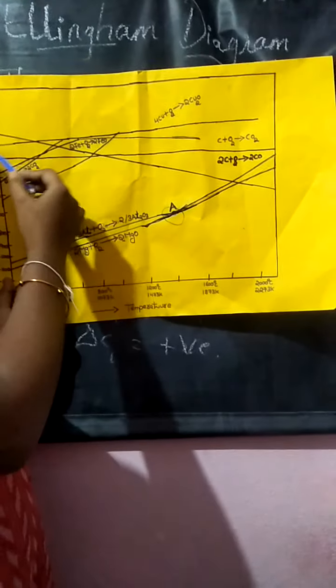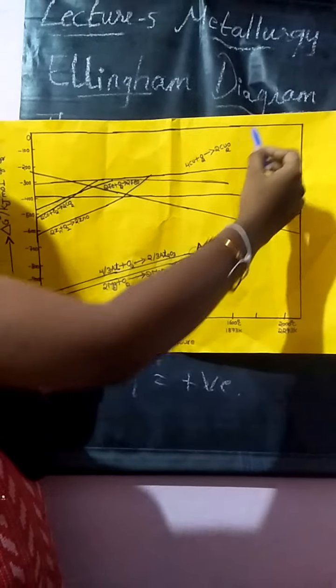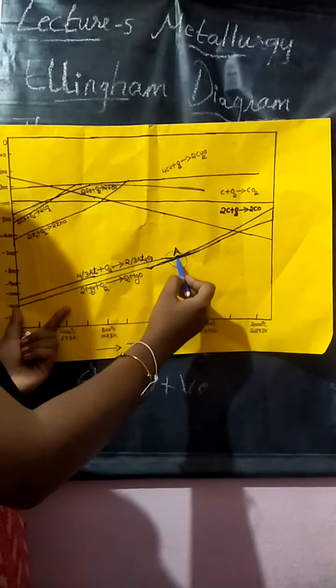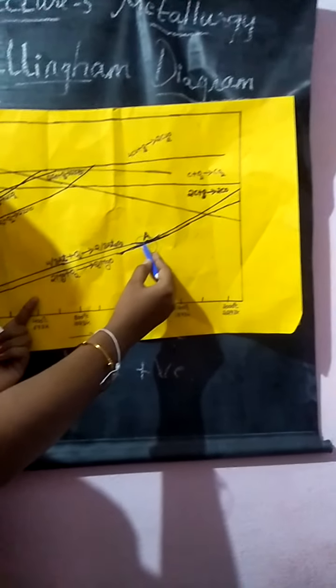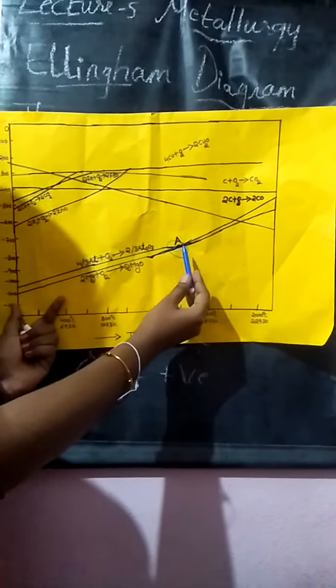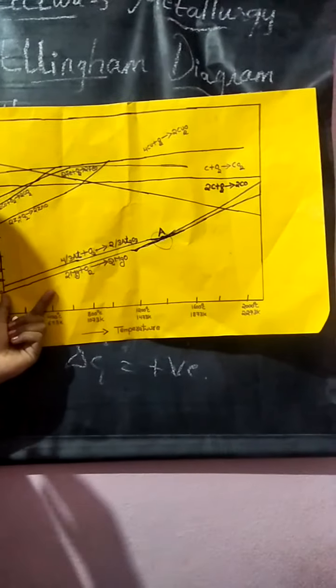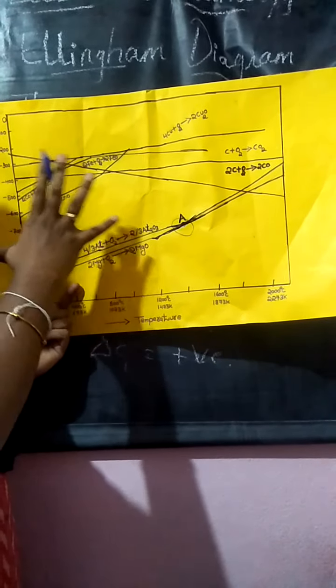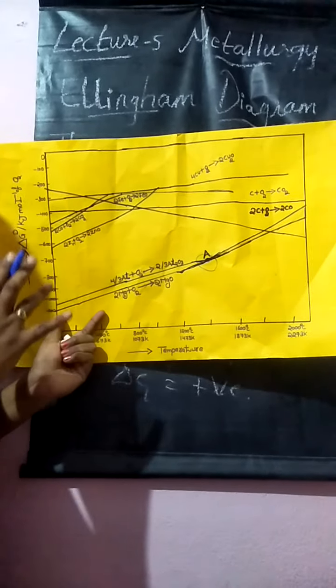So if there is an increasing straight line, it means that there is no phase change. But if you see any plot which is not straight, showing an abrupt change, it means that there is a change in the phase. That is, a metal may convert from solid to liquid or from liquid to gaseous form. So these are the important points of the Ellingham diagram.